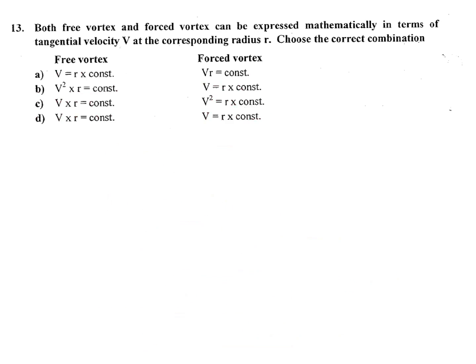Both free vortex and forced vortex can be expressed mathematically in terms of tangential velocity V at the corresponding radius. Choose the correct combination for free vortex and forced vortex. We know in case of free vortex, here conservation of angular momentum we are using.